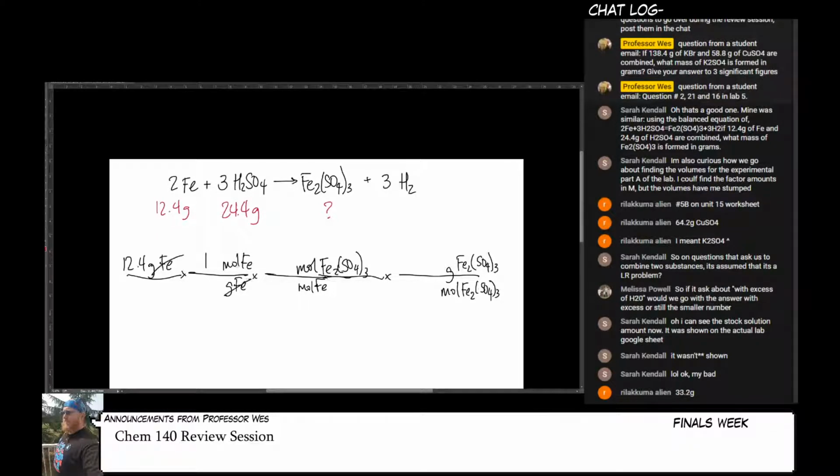So we'll do that. Oh, I got to cancel out my units first before I do the numbers, just to double check, make sure everything is lined up. Okay, now we can do this. Then I can look at the balanced equation. There's 2 iron for every 1 iron 3 sulfate. And then Fe2(SO4)3 I got to look up on Lenntech. So Fe2 parentheses SO4 parentheses 3. 399.88.